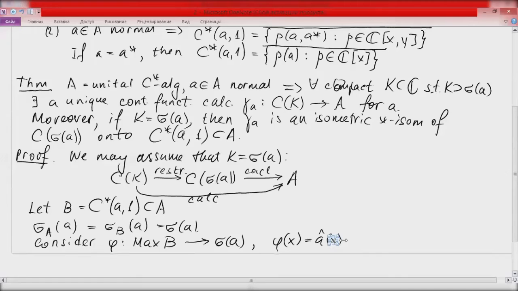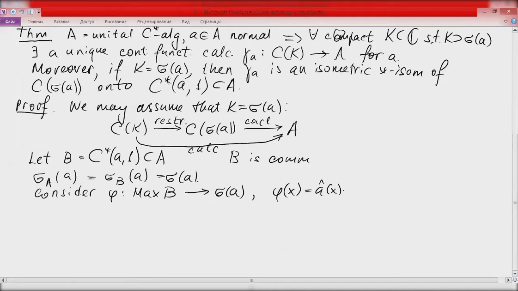By the way, of course, I forgot to say, but it's more or less clear from the definition that B is, of course, commutative, because a is a normal element. So B is commutative. Okay, so what can I say about phi?